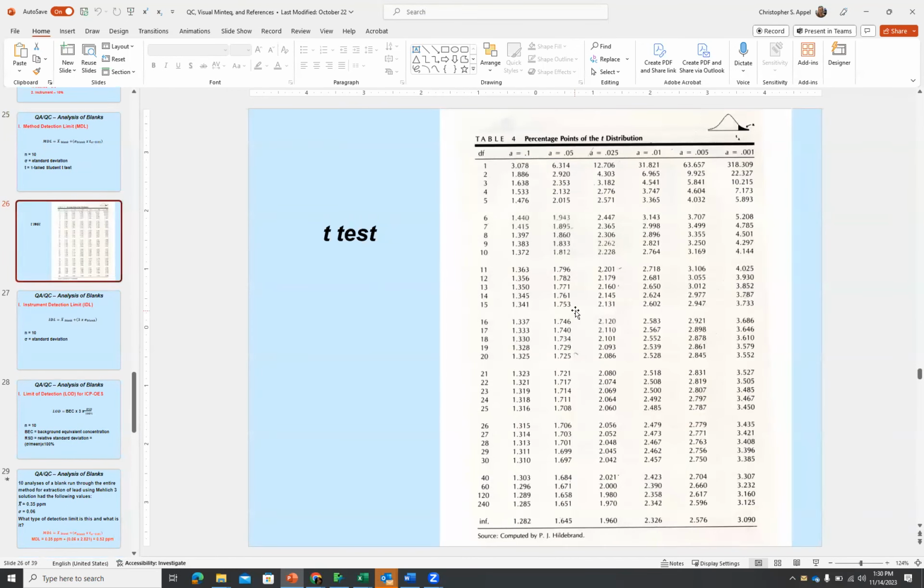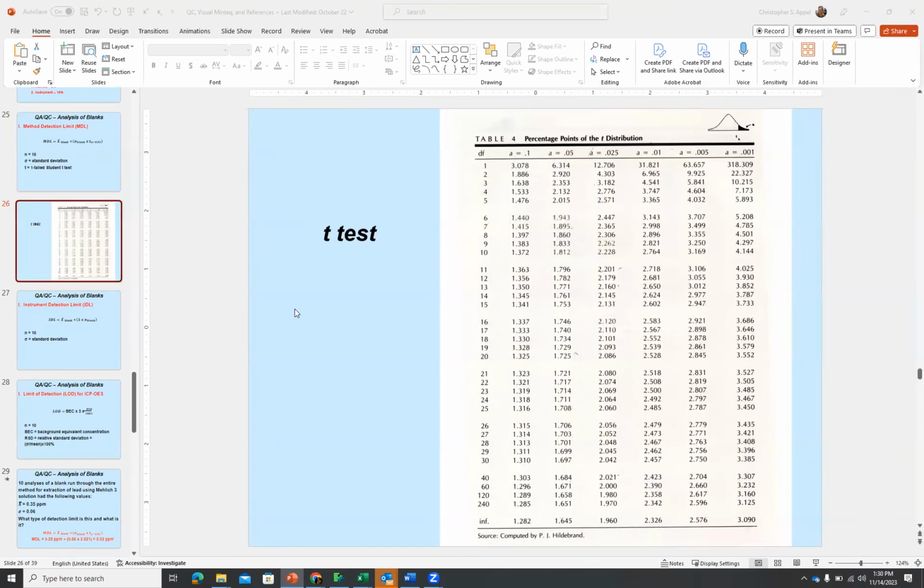What is our value for the t-test alpha 0.01? 2.764 or 2.821? It's 2.821 because we use the degrees of freedom of n-1, right? So it's 2.821 is our student t-test value.